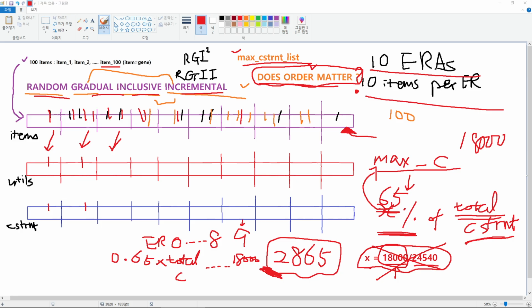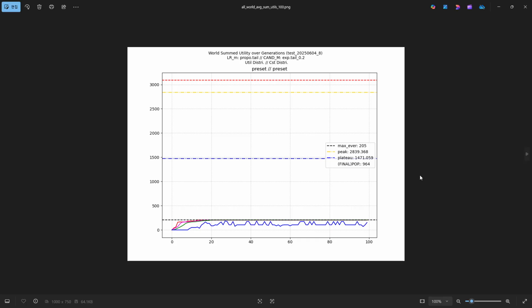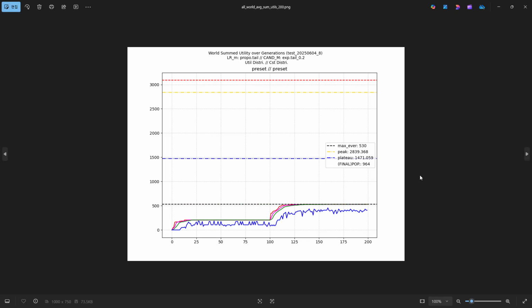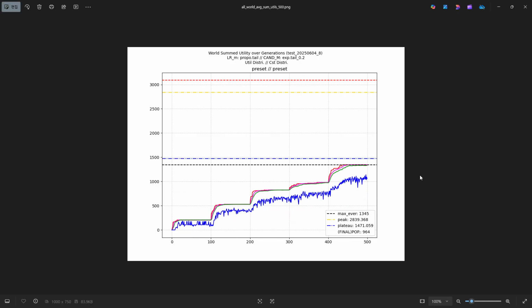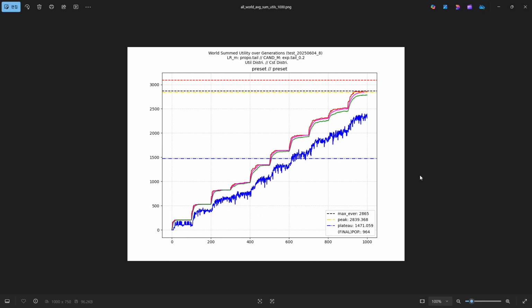Quite similar to what we've seen, and here are the summed utility values. We do have 2865, so they have converged.